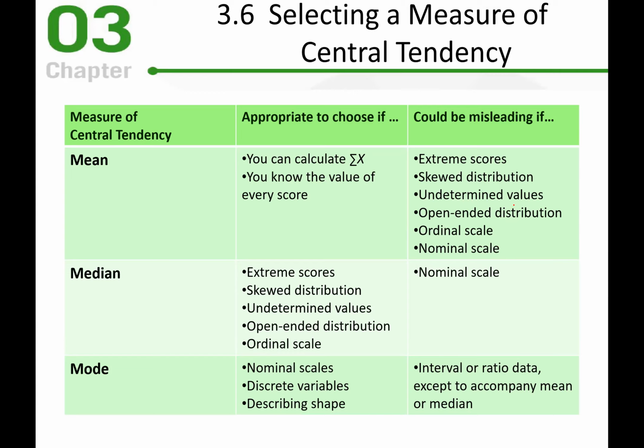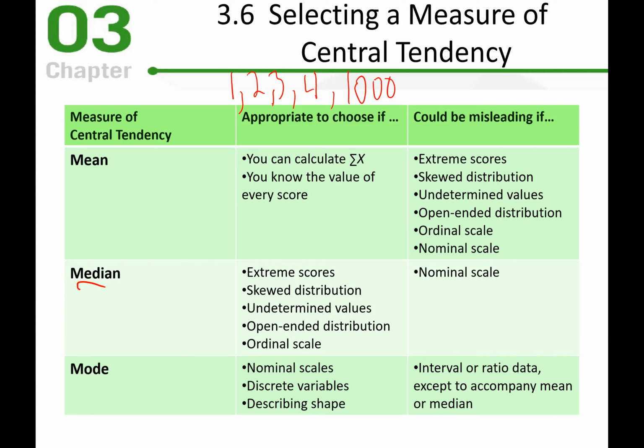So it's appropriate to use the median if you do have extreme scores. Let's go back to my example. Let's say our scores are 1, 2, 3, 4, and 1,000.